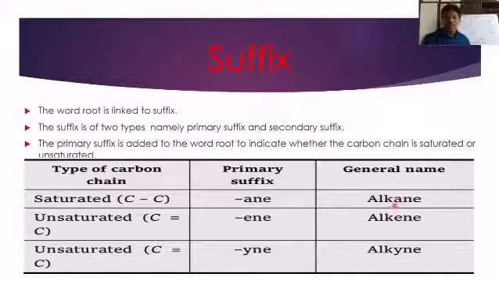In pentane, PENT, pent will act as the root word. And an will be the 1 degree suffix, the primary suffix. Then the last letter E will act as the 2 degree suffix, which means secondary suffix. E will act as secondary suffix. An will act as primary suffix.